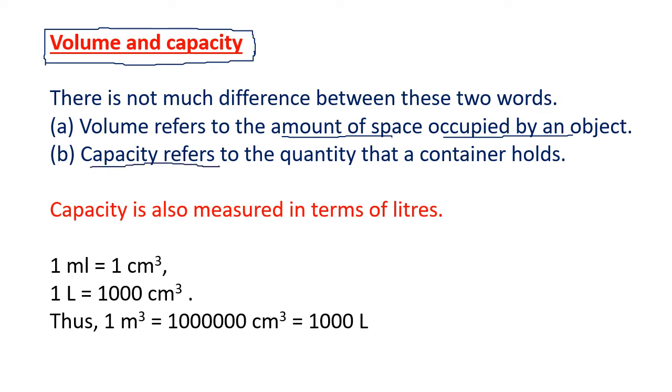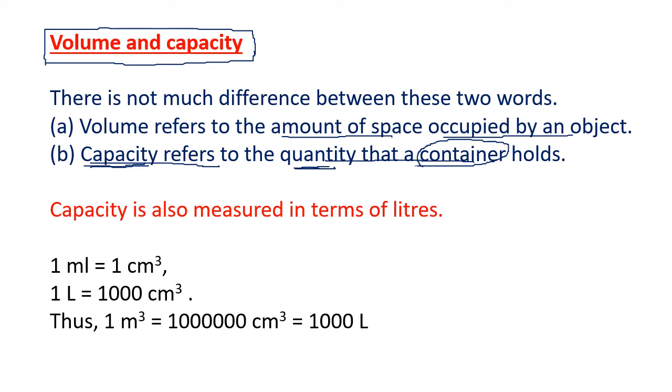Capacity refers to the quantity that a container holds. Now if you look at this, a container is usually something which is hollow in nature and you can fill something inside it. So capacity refers to the quantity that a container holds.